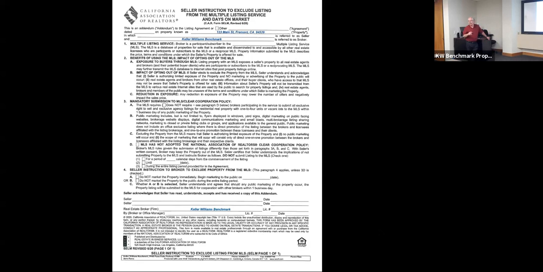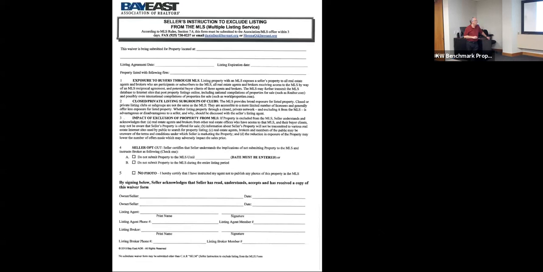BAIS adopted the clear cooperation policy, which means you do not check boxes in paragraph 3. You complete paragraph 4 if you're going to exclude it. A comparable form that can be used rather than the zip forms is the form that BAIS has, and then it actually gives you the email addresses on where to send it.